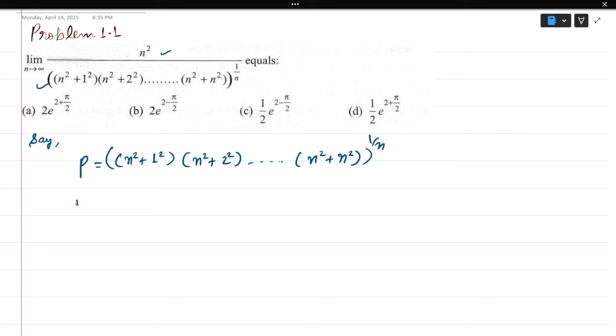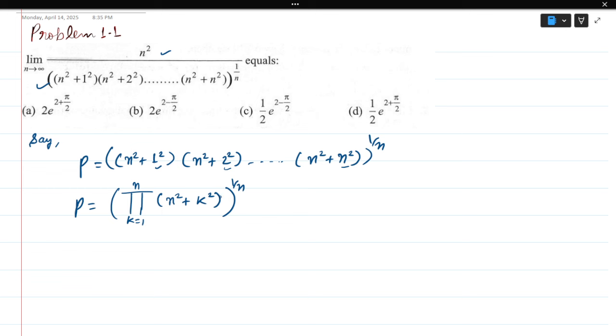One can also write it in the form of a continued product. What is the continued product? It can be written as pi. Pi denotes the continued product. So it can be written from k equal to 1 to n, because our values change from 1, 2 and so on up to n. This can be written in a simplified manner as n square plus k square whole raised to the power 1 by n.